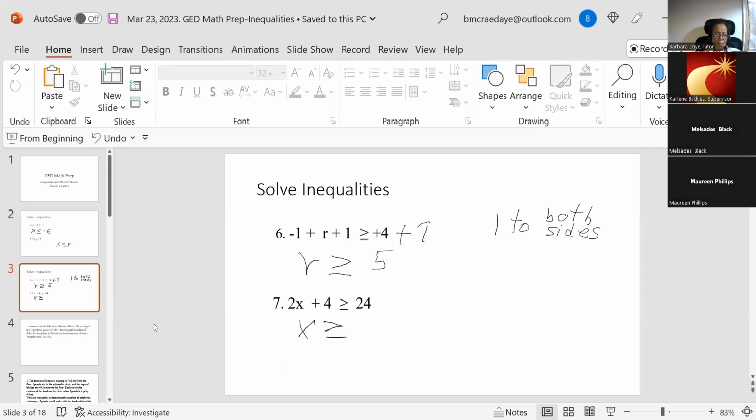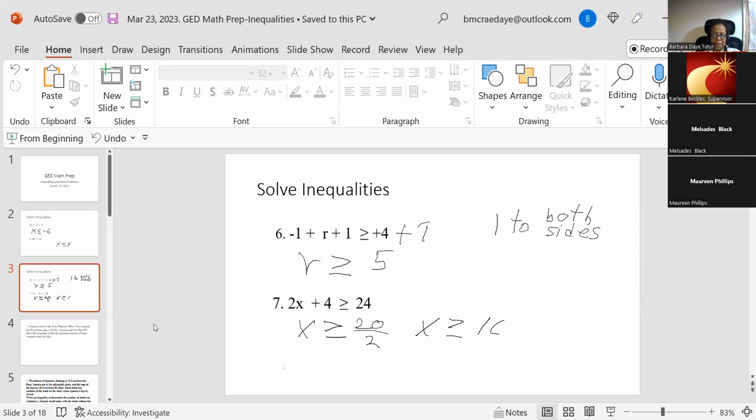Now we take away 4 from 4, right? Yeah, you get 20, but you've got a 2X. So what's X equal to? X greater than or equal to? 22. No, 20. And then you've got to divide that 20 by 2, right? 10. That's it. So X then is greater than or equal to 10.